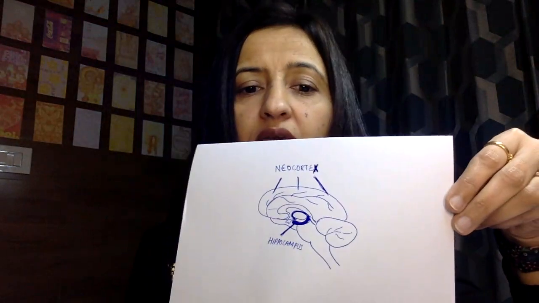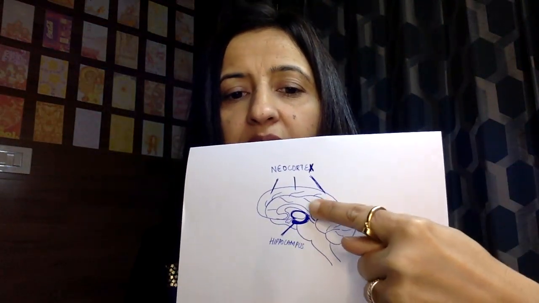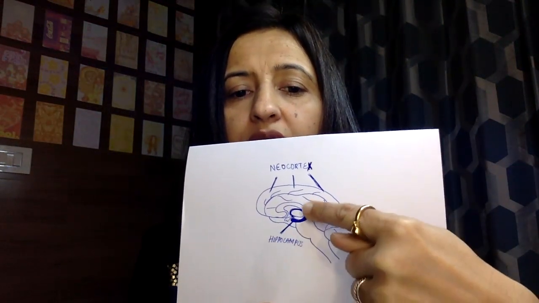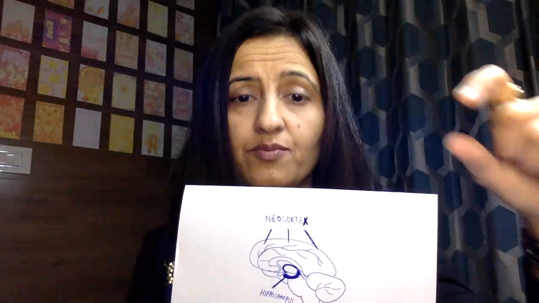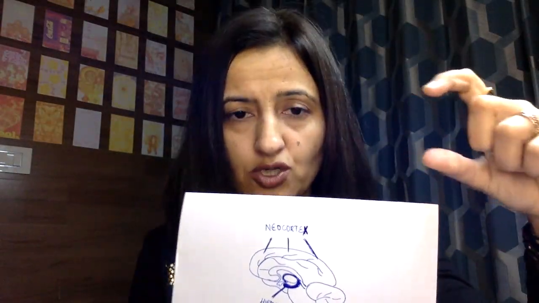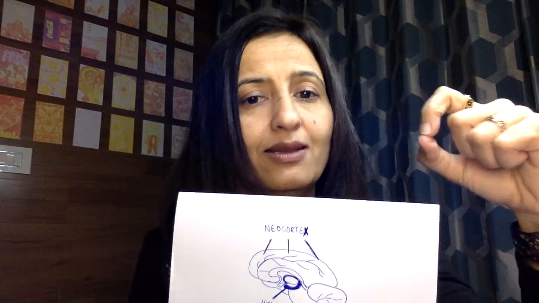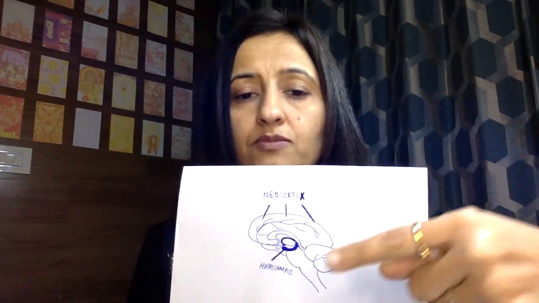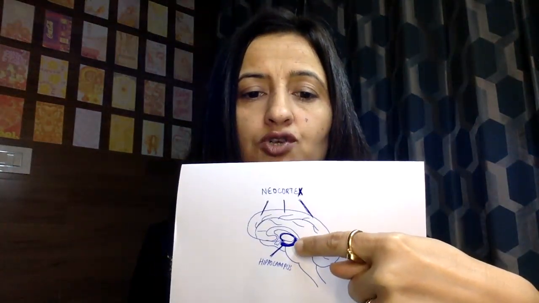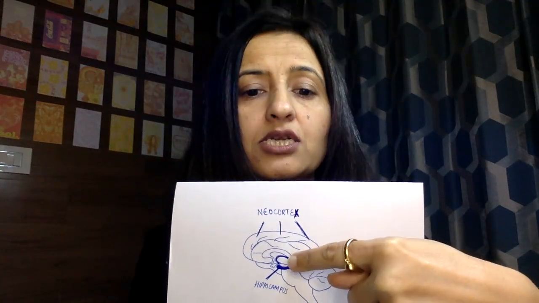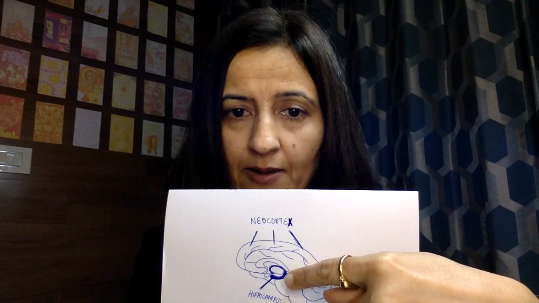If I show you here, this colored part that you see is known as hippocampus, and it is further the part of another major area of our brain, which is known as limbic system. Okay, so this is responsible for your short-term memory, or we can also say that it stores information temporarily.